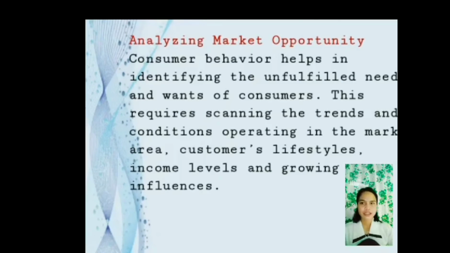First is analyzing market opportunity. Consumer behavior helps in identifying the unfulfilled needs and wants of consumers. This requires scanning the trends and conditions operating in the market area, customers' lifestyles, income levels, and growing influences.